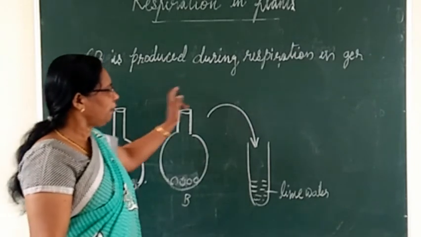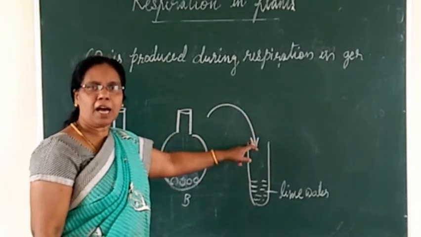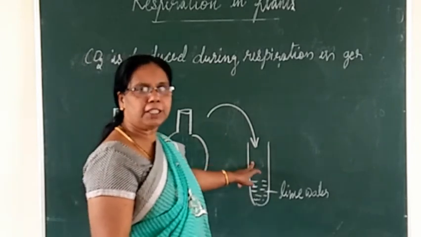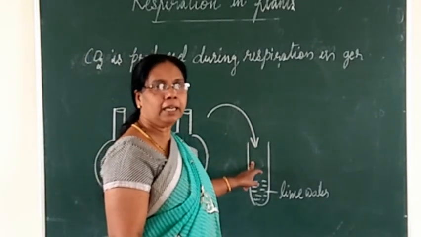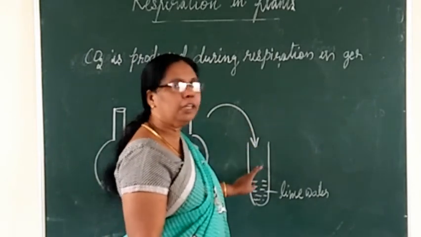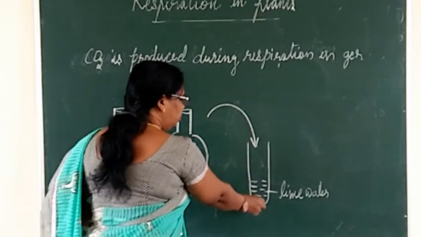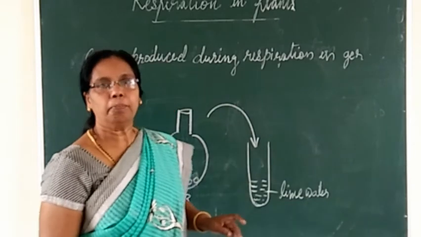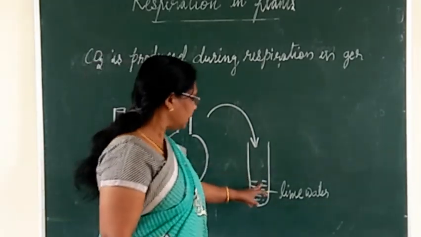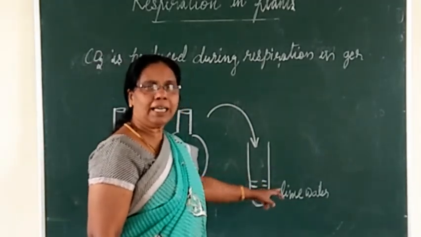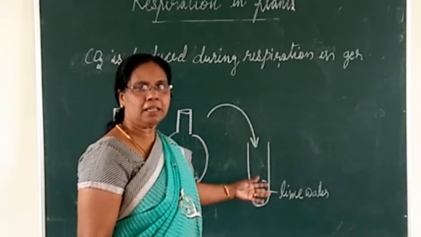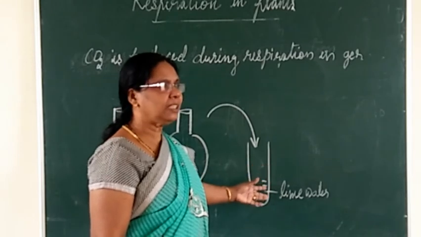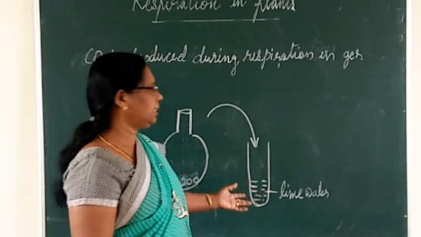When we invert this flask at the mouth of this test tube, as carbon dioxide is heavier than air, you can see it will immediately flow down into this test tube. And you can see that the clear lime water turns milky, just like a milky white precipitation.